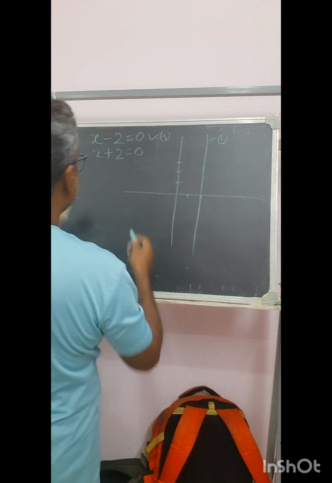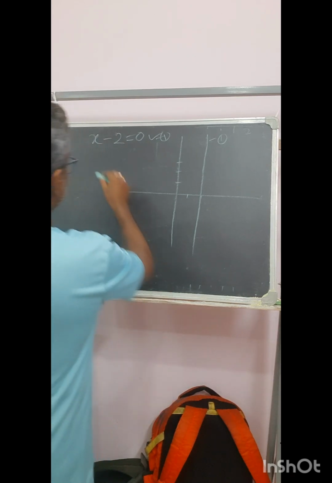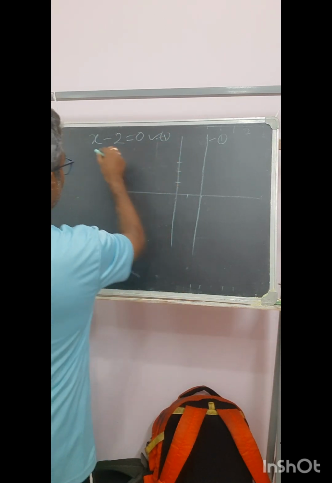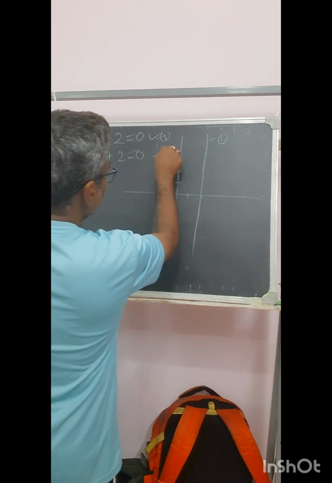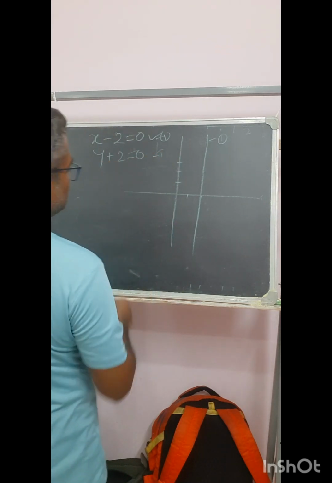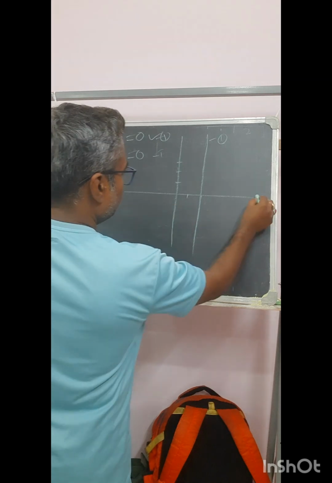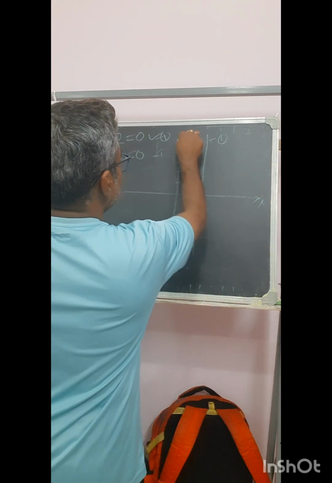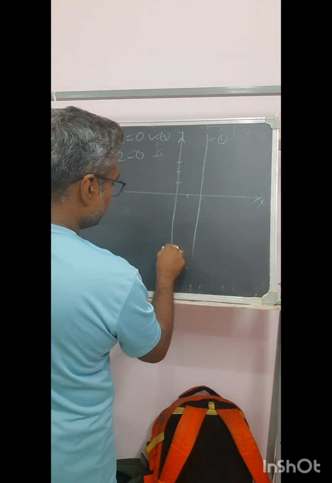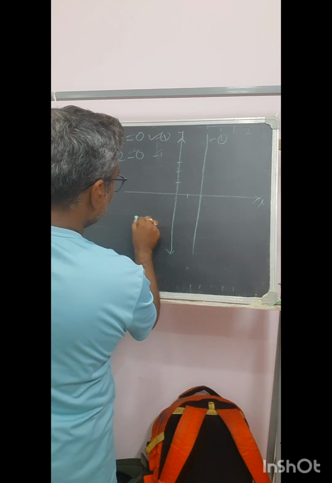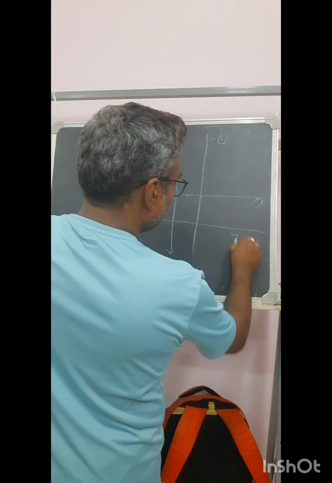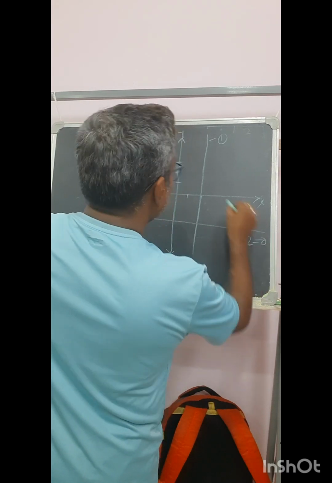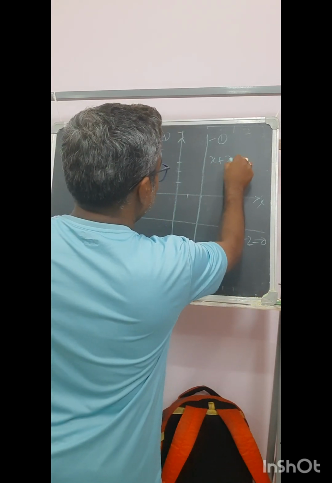The other equation should be non-intersecting, it is parallel. Rather, I will take y plus 2 is equal to 0. This is the second equation. So y plus 2 is equal to 0 means, if this is positive x, this is positive y, this is negative y, so this will be on the negative side of y, like that. So this will be y plus 2 is equal to 0, and this is x plus 2 is equal to 0.